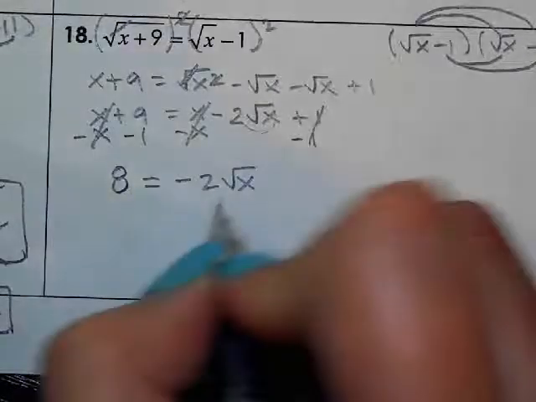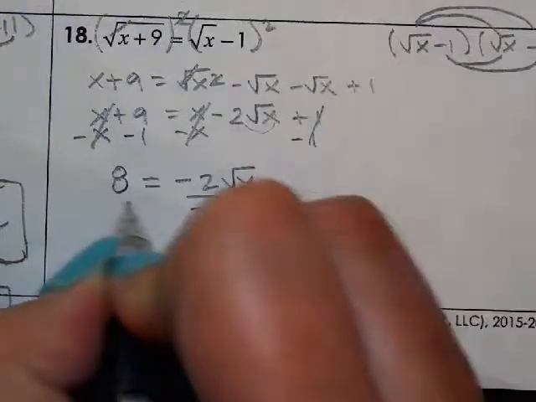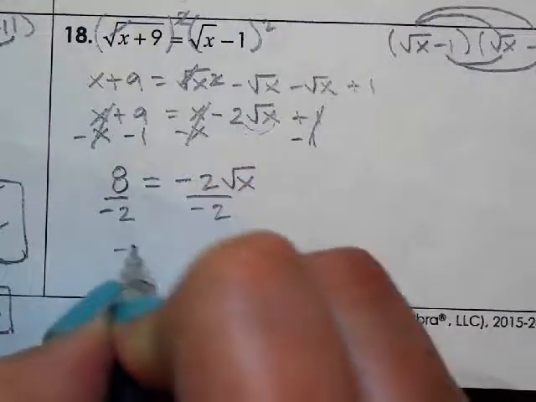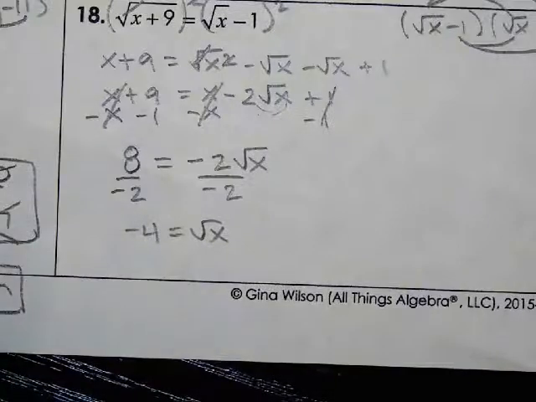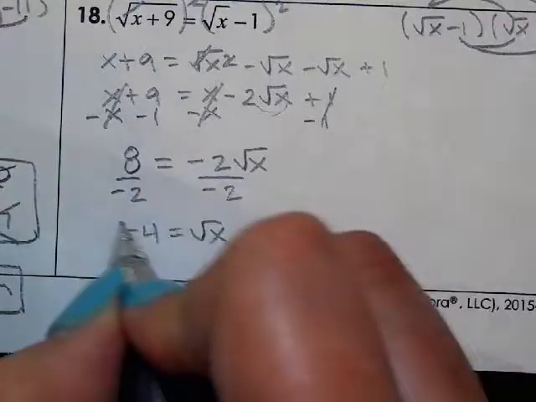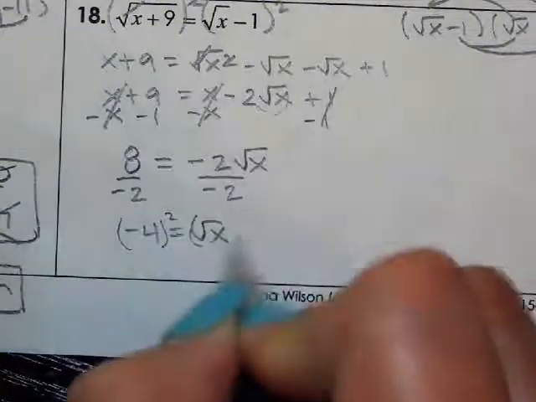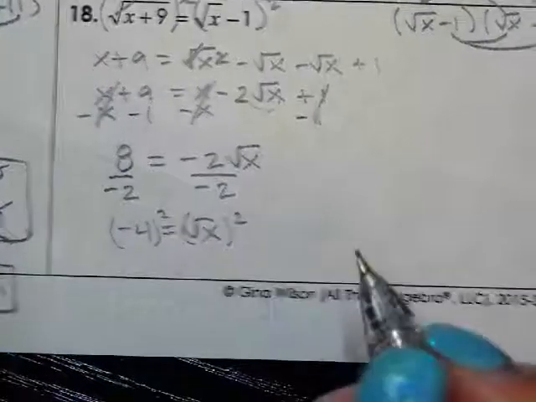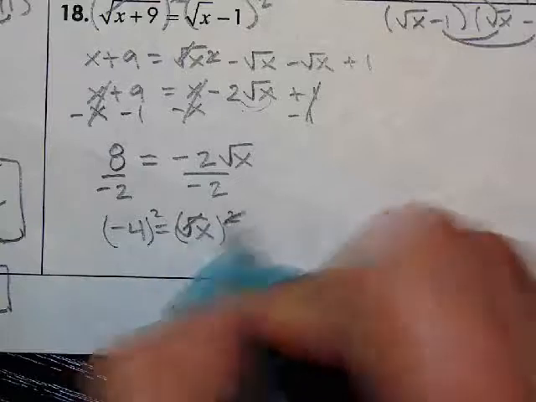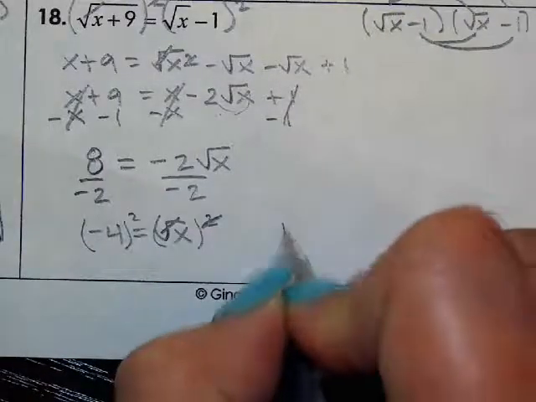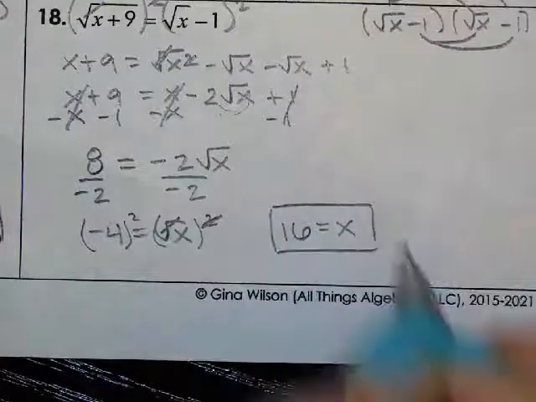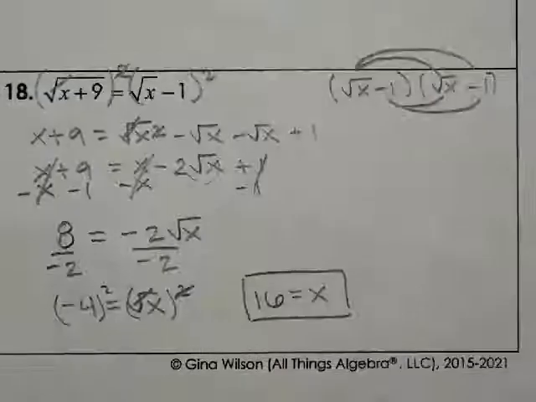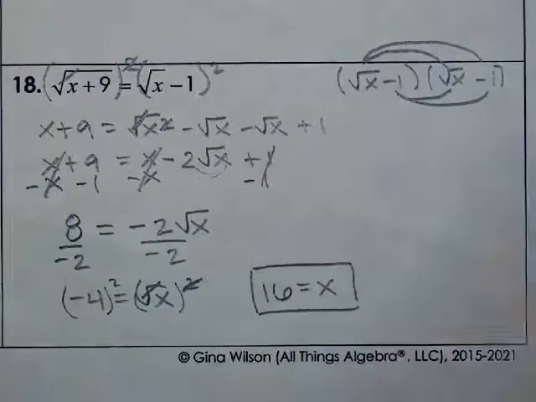And then actually at this point, I'm almost done. I can just square both sides. So negative 4 squared is 16. 16 equals x. Now, before I conclude this is just the answer, I definitely need to check this for an extraneous solution because weird stuff happened in this problem. So I'm going to do 16 stored as x, plug all this in, see what happens.